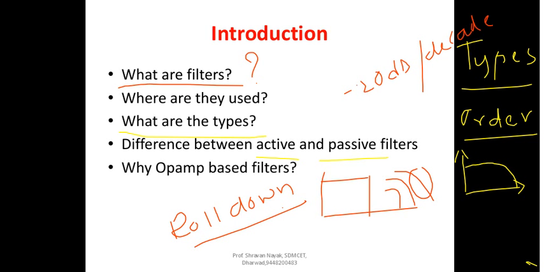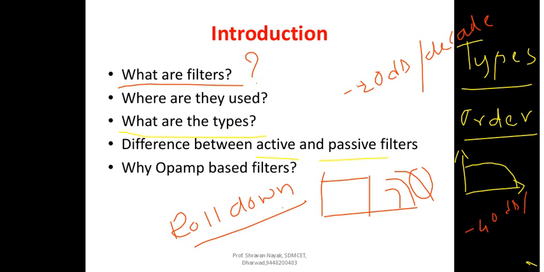So if the roll off takes place at the order of minus 20 dB per decade, then we call it the first order filter. If it takes place at the order of minus 40 dB per decade, then it is called the second order filter. If it is taking place at minus 60 dB per decade, then it is called the third order filter, so on and so forth, right?